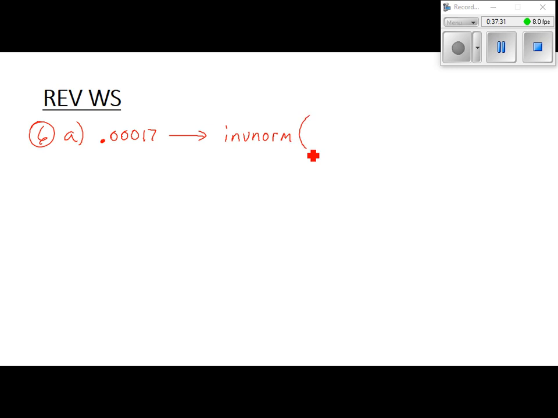If we're just changing it to a z-score, then for the inverse norm, all we have to do is put this number in the parentheses and close it. It's using the chart, but it's using it backwards. What's it tell us? Negative 3.58, something like that, maybe? Yeah.